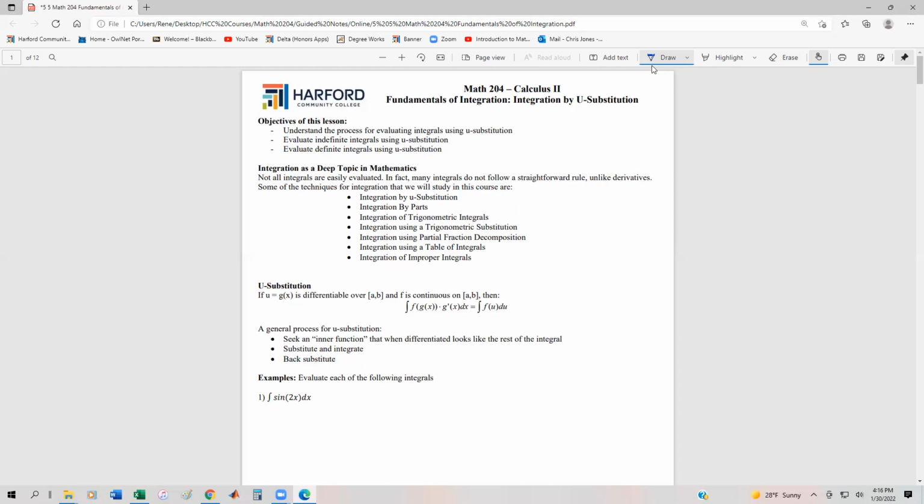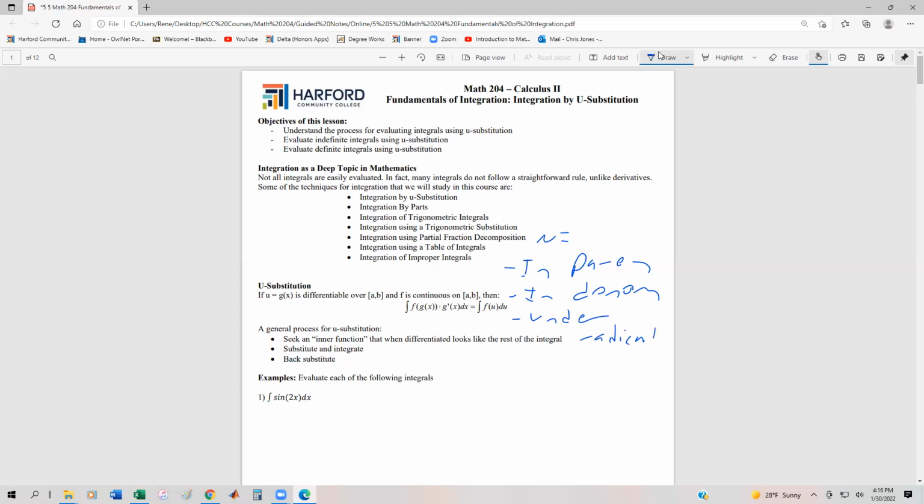Some ways to define U: let it be what's in parentheses, so U equal to what's in parentheses. You can also make U be equal to what's in the denominator, or in parentheses in a denominator, or under a radical.